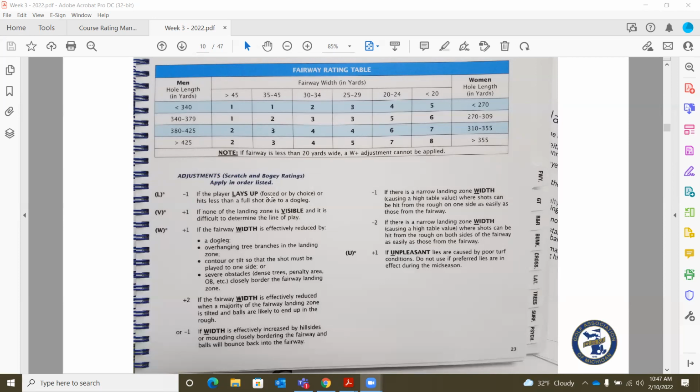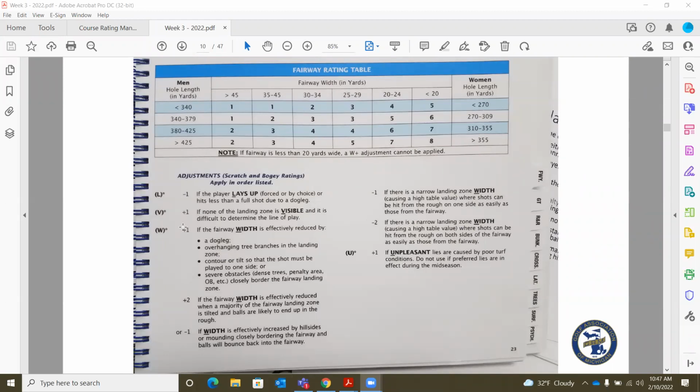So it could be because of a dogleg, or it could be because of a layup as well. Either one of those could trigger an L minus. Again, like we talked about last week, this L is shot specific. So on our form 1, we would put that L right next to the width of the fairway that we measured.